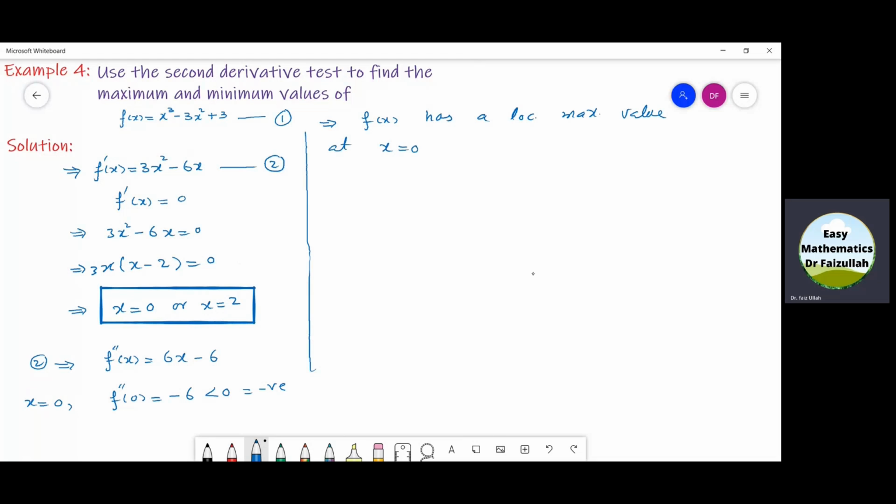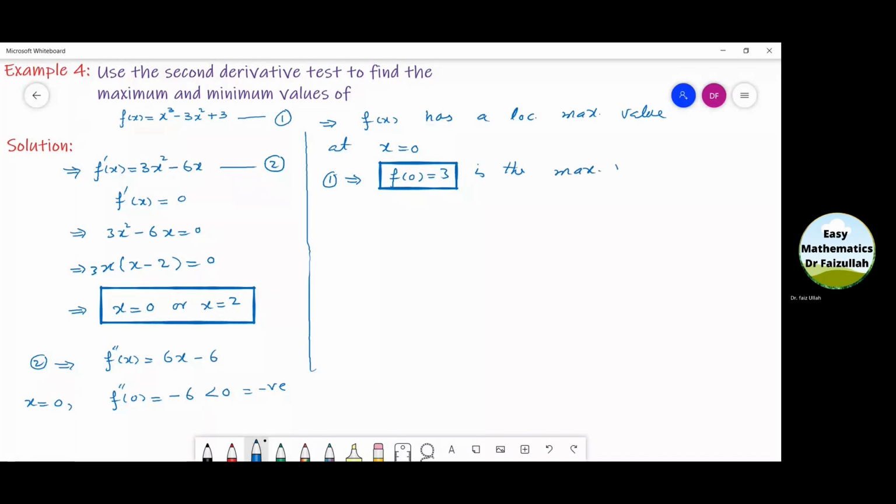So we must put x is equal to 0 in 1. So the maximum value is f of 0, which is equal to 3. So 3 is the maximum value of f of x at x is equal to 0.